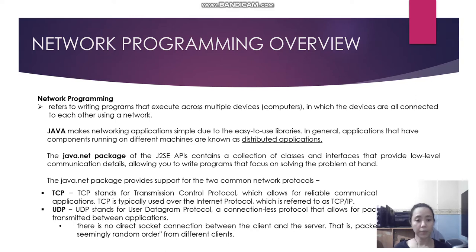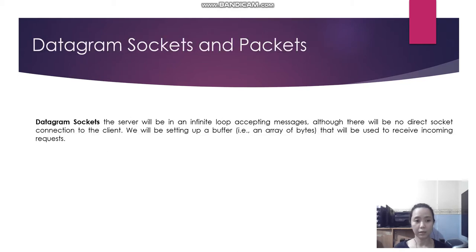TCP is typically used over the Internet Protocol, which is referred to as TCP/IP, while UDP, which stands for User Datagram Protocol, is a connectionless protocol that allows packets to be transmitted between applications. There is no direct socket connection between the client and the server. That is, the packets arrive in seemingly random order from different clients.